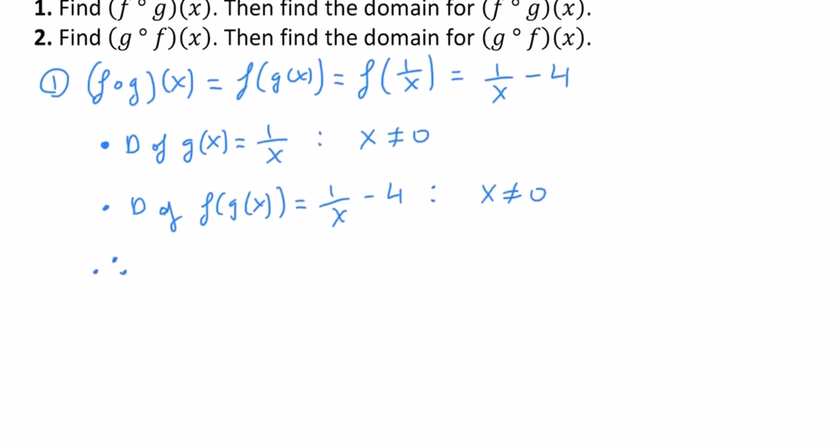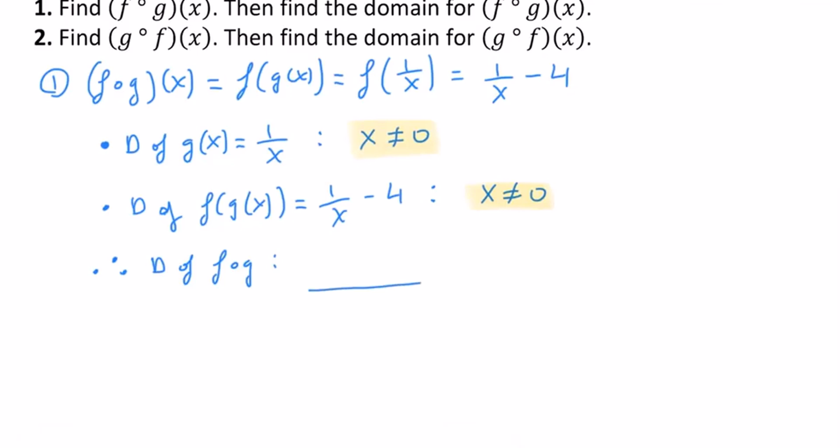The final step is the domain that we want, the domain of f circle g, which is a combination of the first 2 steps. So the first step, x cannot equal to 0. The second step is also x cannot equal to 0. So this means that the domain that we want, x cannot equal to 0.